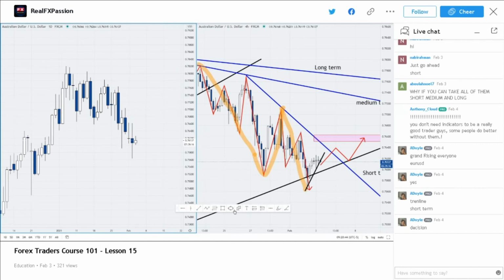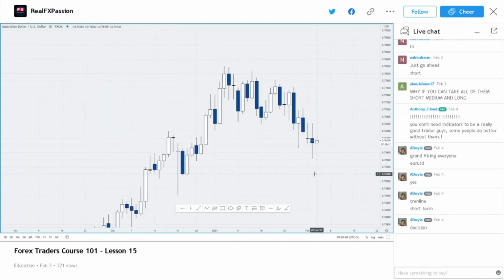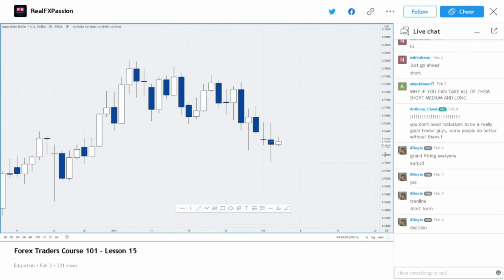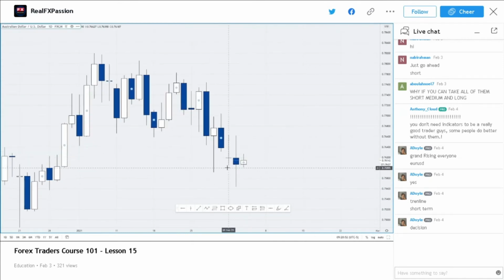Okay, now this is the daily time frame, right? Each candle is a day. Everybody, we are going to learn about candles and candlestick formations. What is this candle telling you, everybody? Is this candle a decision candle or is this candle an indecision candle? Called the doji.